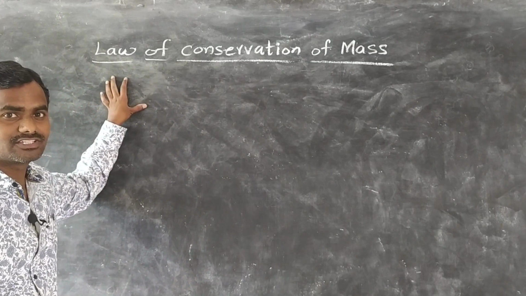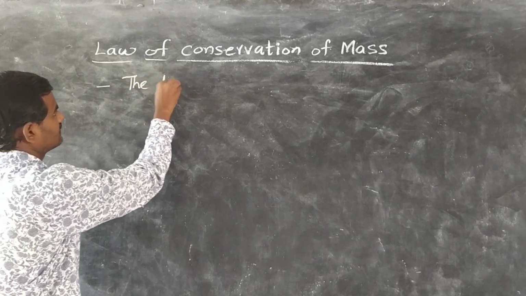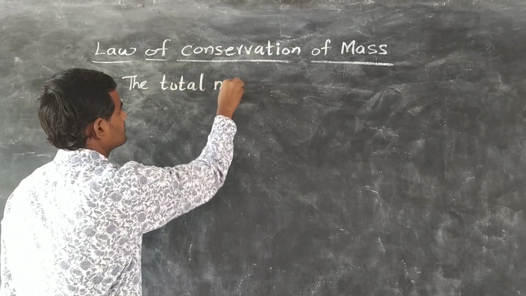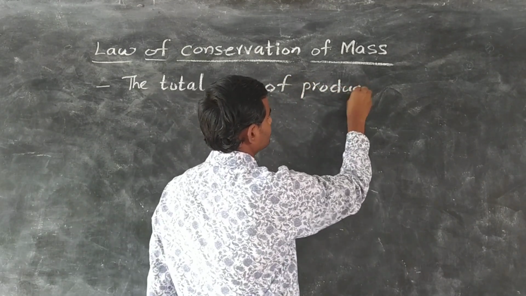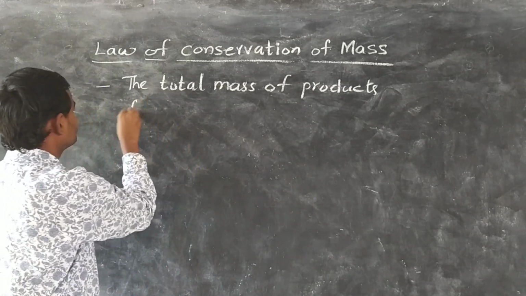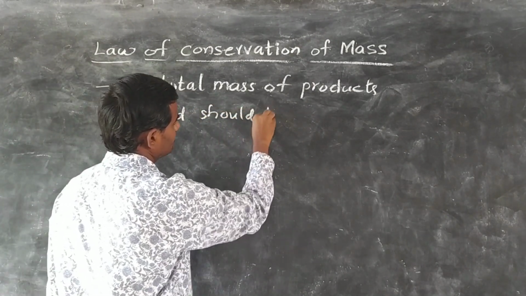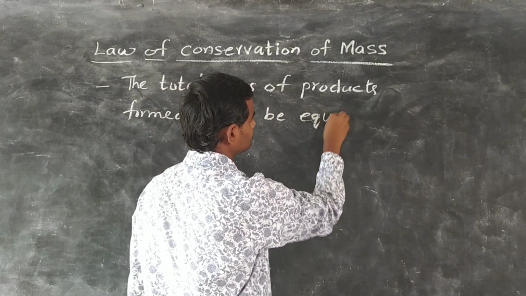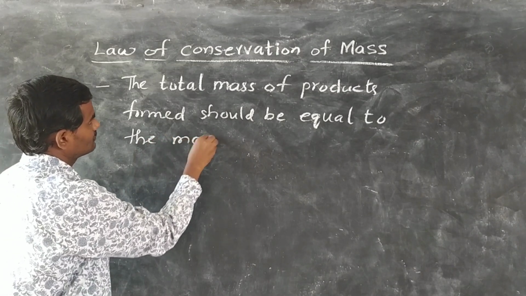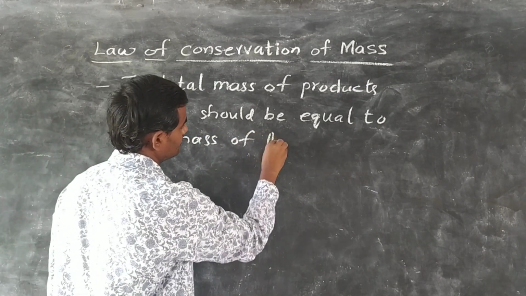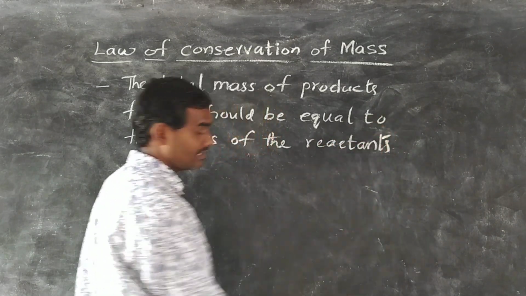According to the law of conservation of mass, the total mass of the products formed should be equal to the total mass of the reactants in a chemical equation.